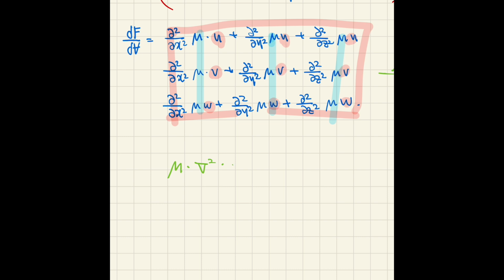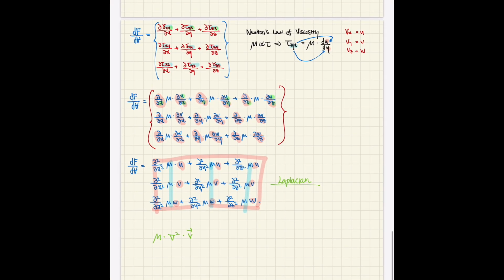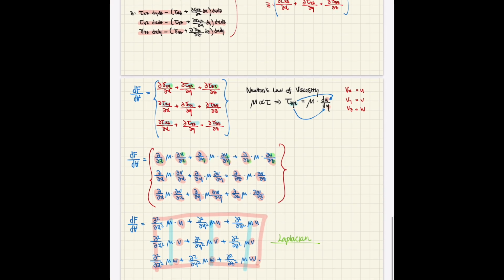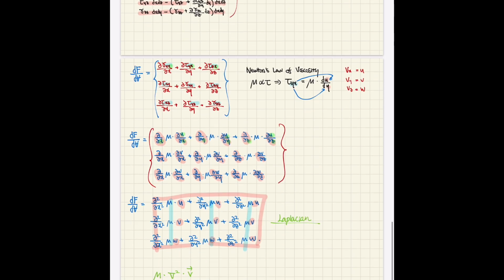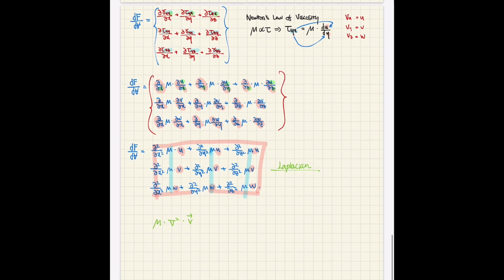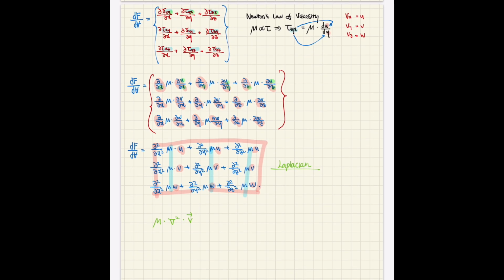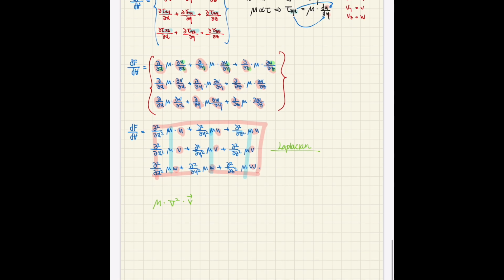So the velocity function. And here we go. We're done with deriving the force equation df dv for the viscosity functions, which is mu Laplacian velocity. So we're done with the Navier-Stokes equation.